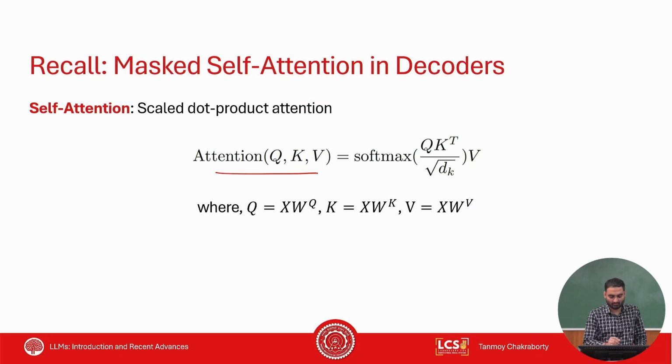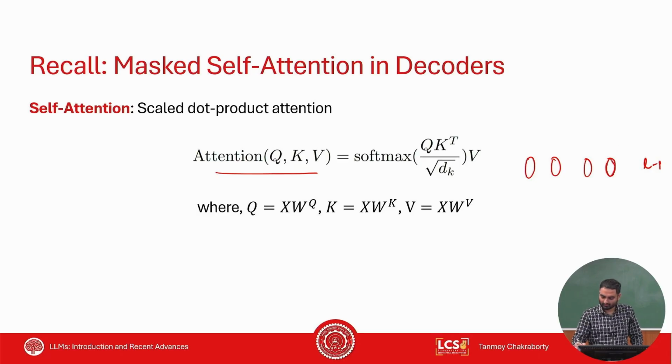we essentially compute an attention score. You have these hidden states, let's say at a specific layer L minus 1.